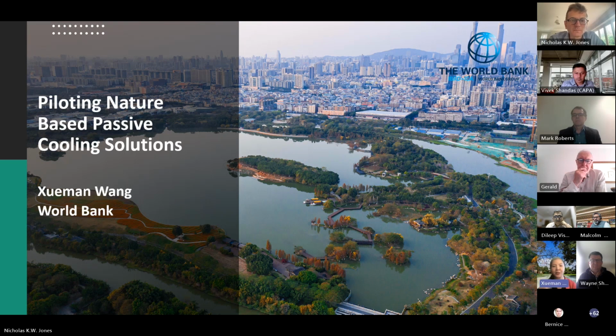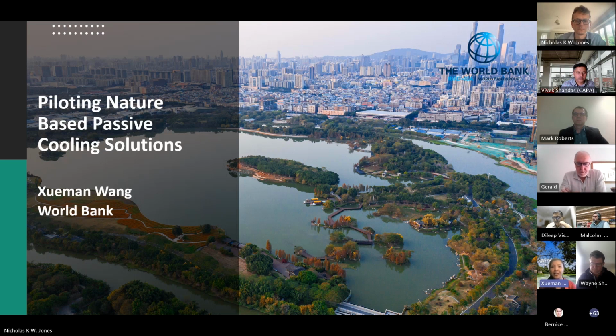A few years ago, the World Bank ESMAP and the Global Platform for Sustainable Cities issued a report about how to leverage passive solutions to deal with urban heat. Many of these passive solutions relate to materials, like paving, as the previous speaker just mentioned, the white wall, the white roofing, and also nature-based solutions.